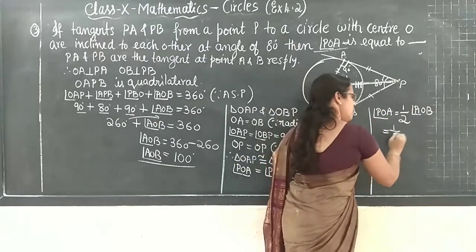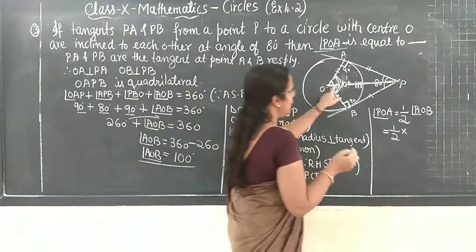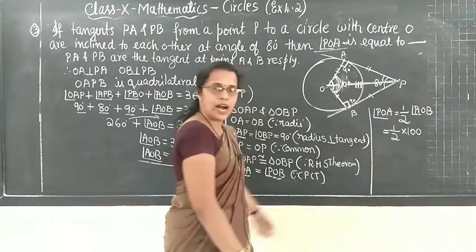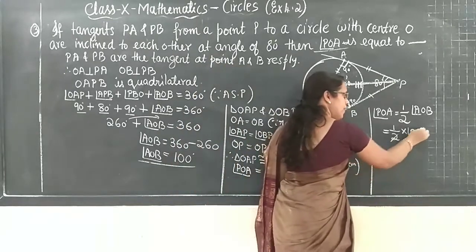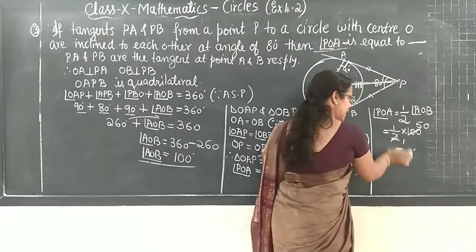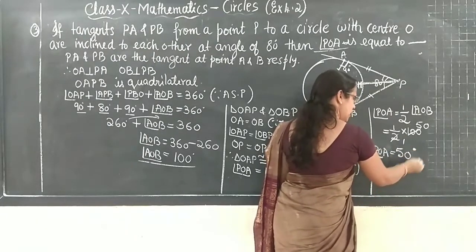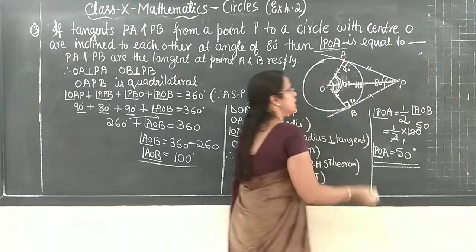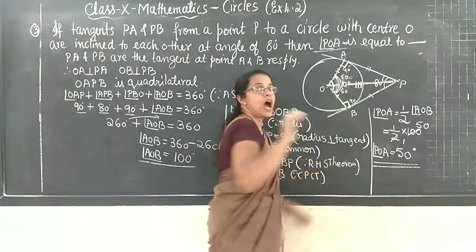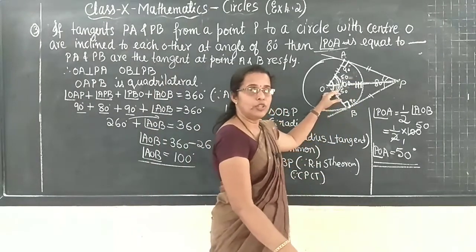What is angle AOB, children? AOB is 100 degrees, already I got it. What is half of 100? That is 50 degrees. So angle POA is equal to 50 degrees. So this is 50, this is 50, makes 100 degrees.